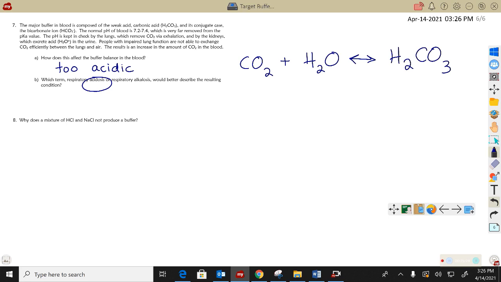And finally, question 8. Why does a mixture of HCl and sodium chloride not produce a buffer? And we've got the acid and its conjugate base, right? Well, kind of. And we've got a strong acid. And yeah, sodium is a spectator, and technically chloride is the conjugate base.